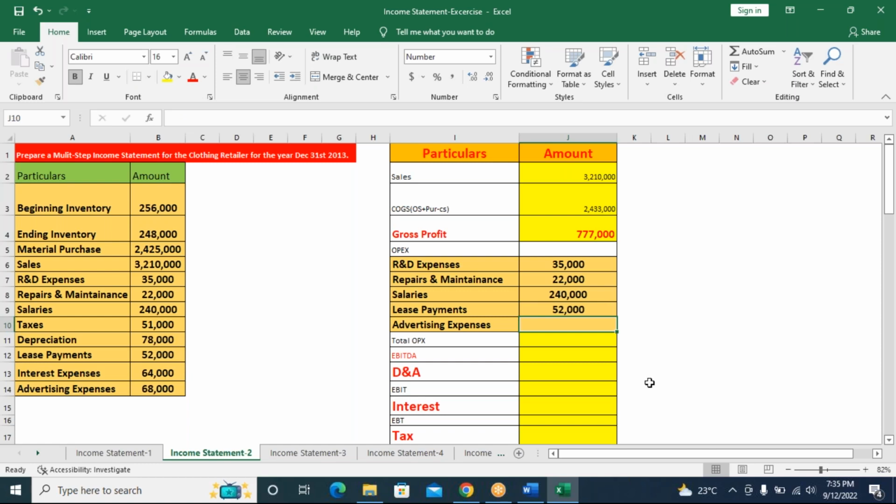So now advertising expenses. 68,000. Very good. So now total OPEX is equal to sum, open the parenthesis and select the range. Close the parenthesis. So it is 4,17,000. So what is the EBITDA here?